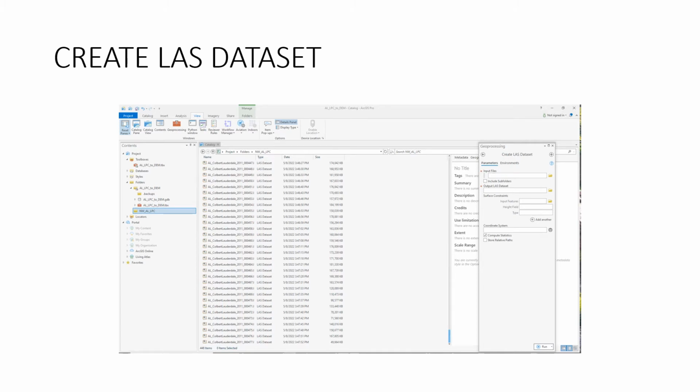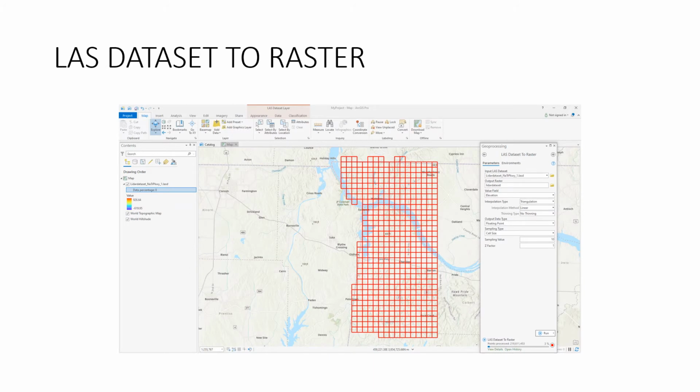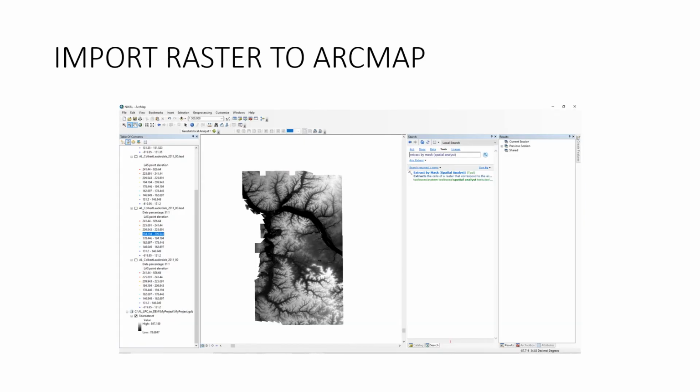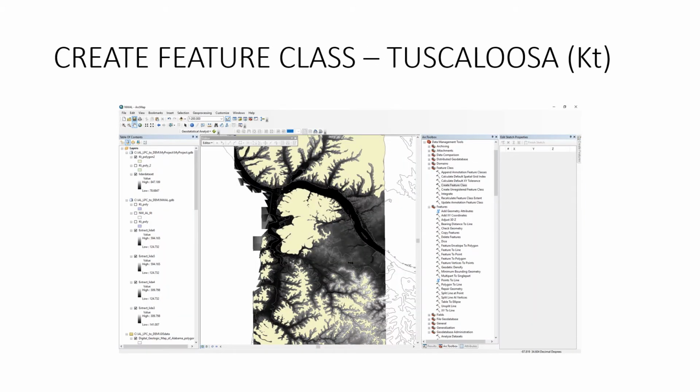I went into ArcGIS and created this LAS dataset, and then used that LAS dataset to create a raster in ArcGIS Pro. From there, we imported that raster into ArcMap, and then used this from the Alabama Geological Survey.